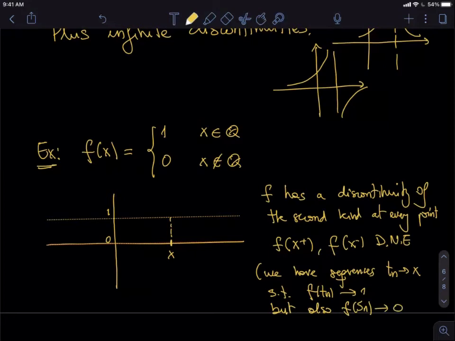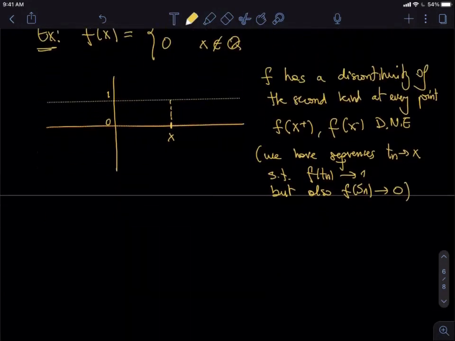Okay, so from the right or from the left, we can have different sequences. And this keeps oscillating. No matter how close we get to x, we will get infinitely many points that give a value of 1 for the function, and infinitely many points that give a value of 0 for the function.